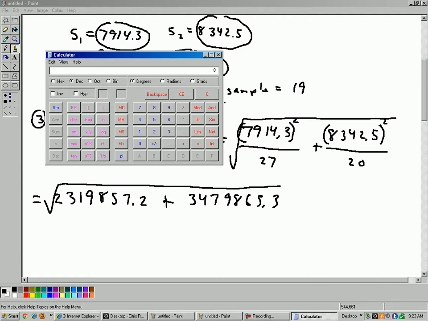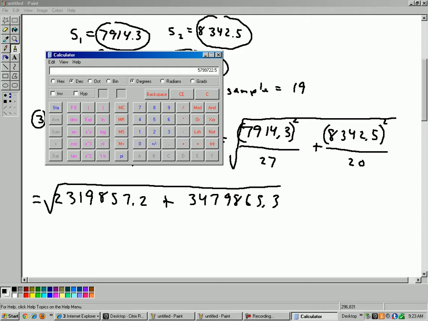So one more time here. 2319857.2 plus 3479865.3. Add those together. There we go. And then take the square root, and I don't think this calculator has a square root button, so I'm going to have to get tricky here and take this to the 0.5 power instead.